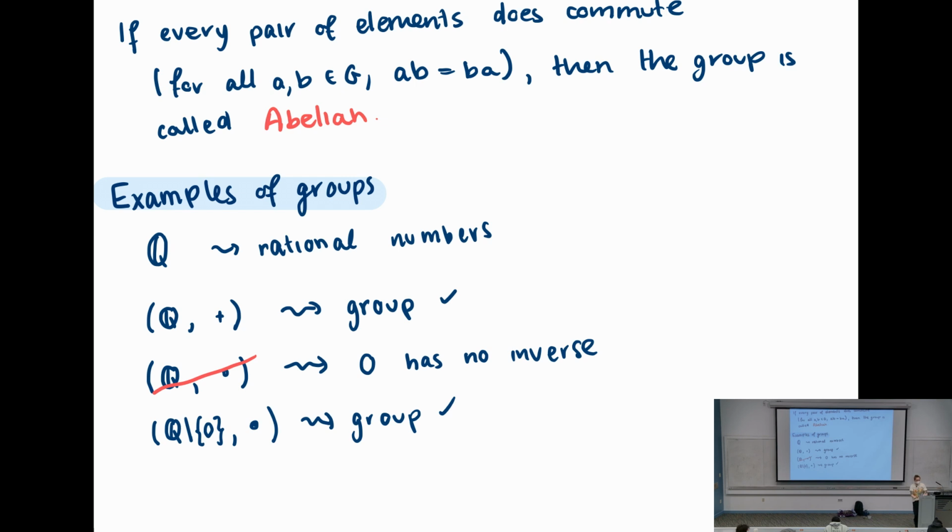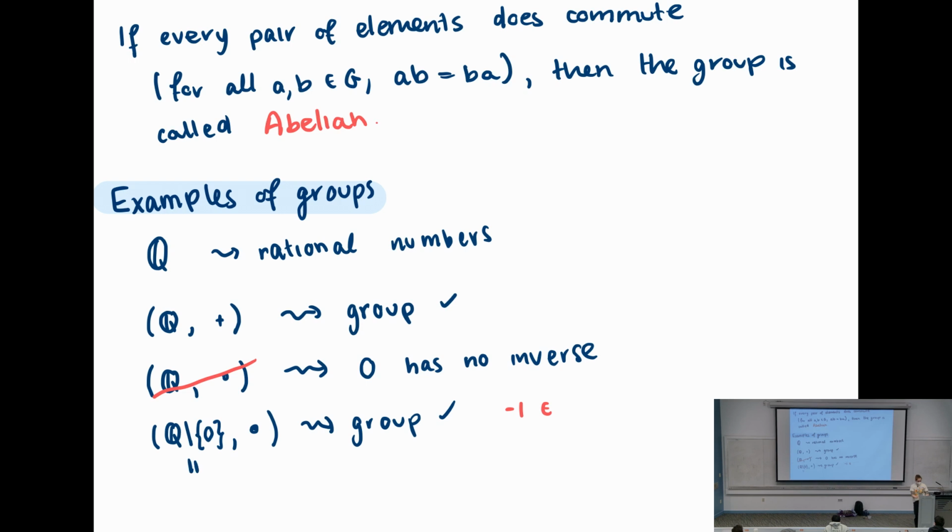Okay, and in this group, to answer the previous question, you have the element -1. I'm also going to write down some notation. This is usually written as Q star. If you have a set that you have some usual notion of multiplication on, but it contains 0, then just excluding 0 is denoted by that set star.